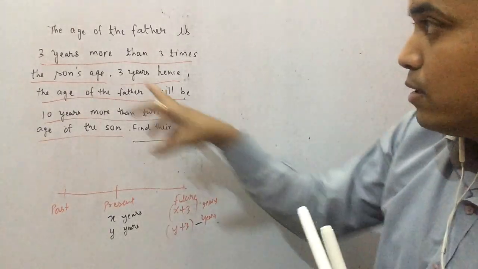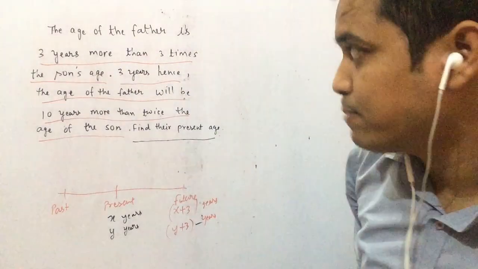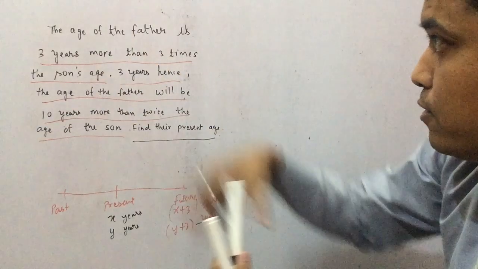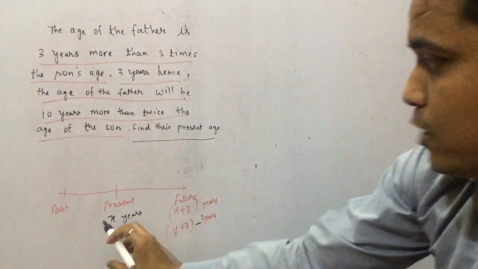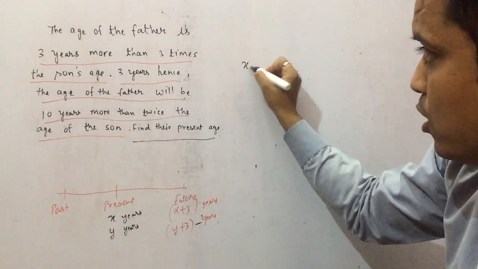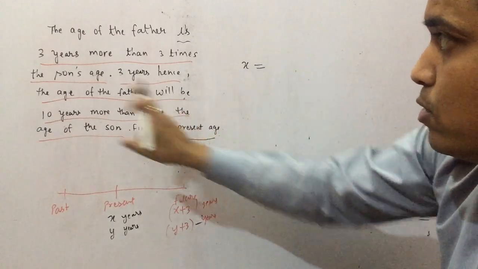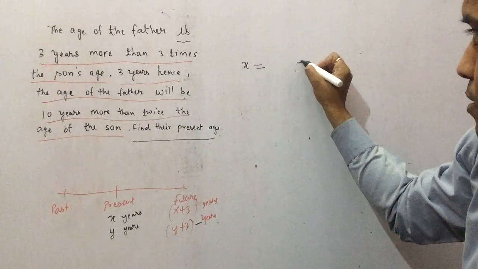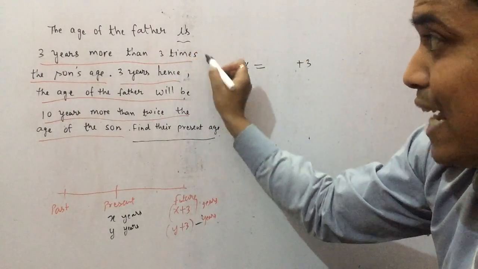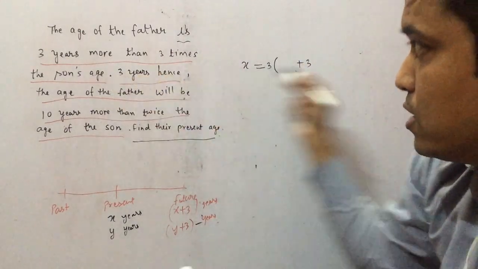Okay, here the age of the father is 3 years more than 3 times the son's age. We need to focus on the equation here. Suppose the age of the father here is x. So the age of the father x, equal to, 3 years more means plus 3, of what? 3 times the son's age. 3 times means bracket the son's age.